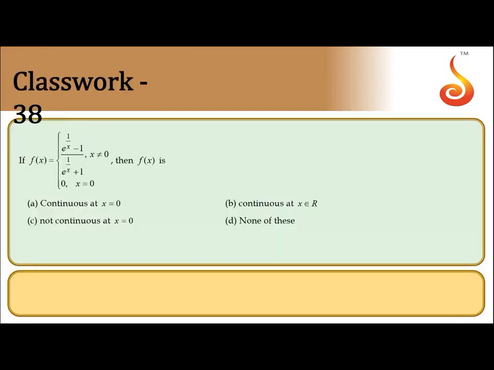We know e power 1 by x minus 1 by e power 1 by x plus 1. As x approaches 0 minus, from the left side, 1 by x approaches minus infinity. When 1 by x approaches minus infinity, e power 1 by x approaches e power minus infinity, which is nothing but 0.